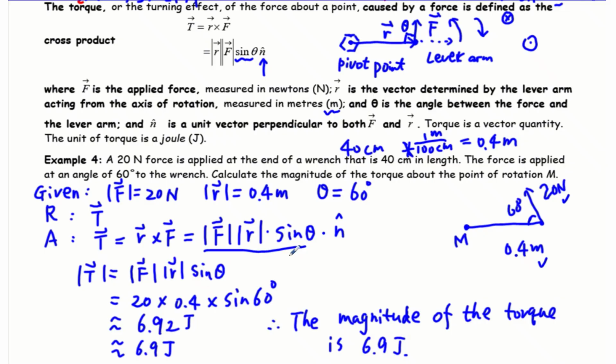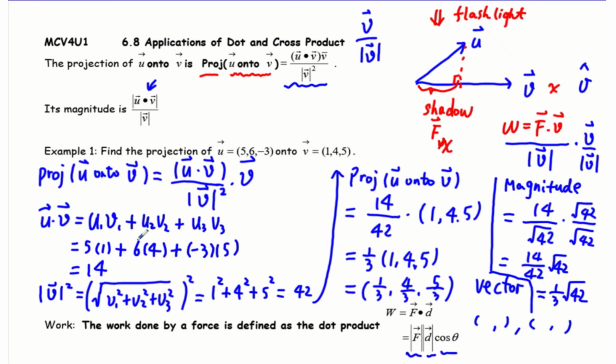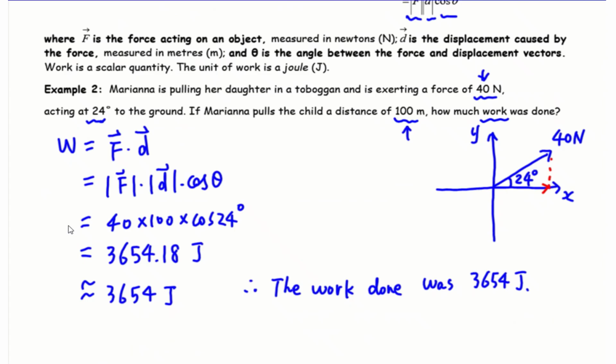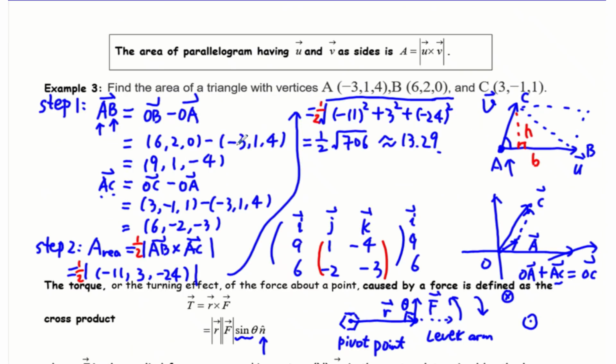What we have done is the application of the dot product and cross product. The dot product is just the x components times x, y times y, z times z, added together. And the projection is u dot v, then times the v vector over the v magnitude squared. These are formulas you need to memorize. And the work, we have done before.